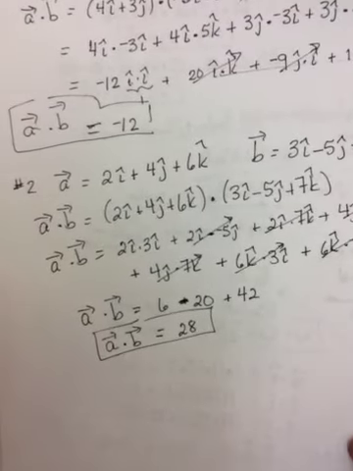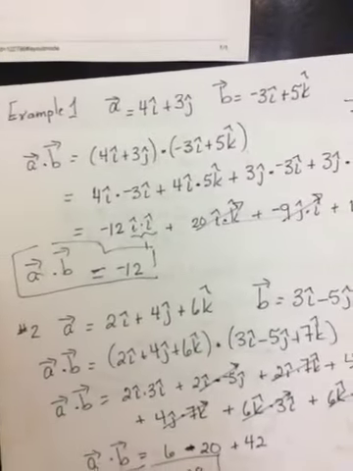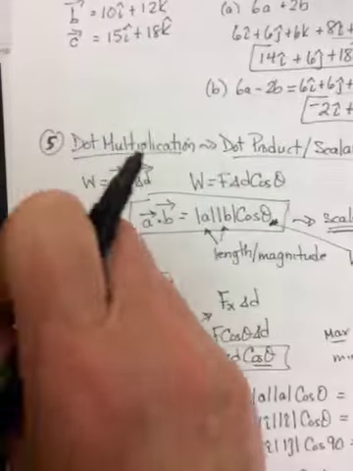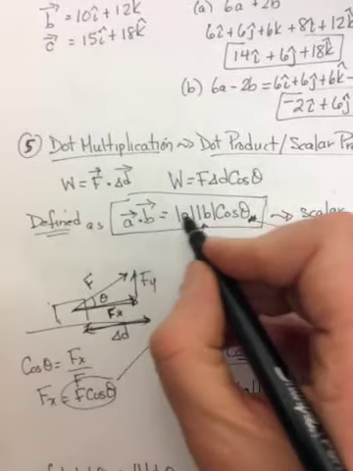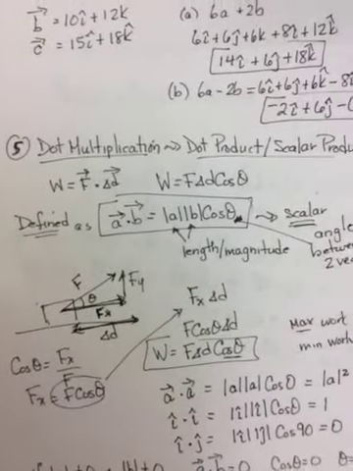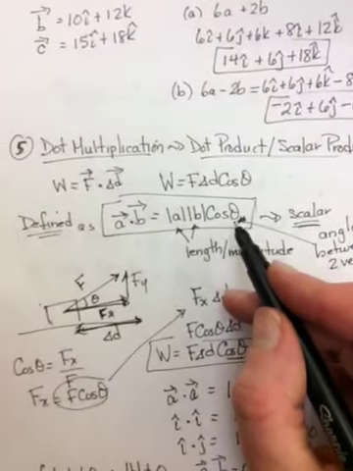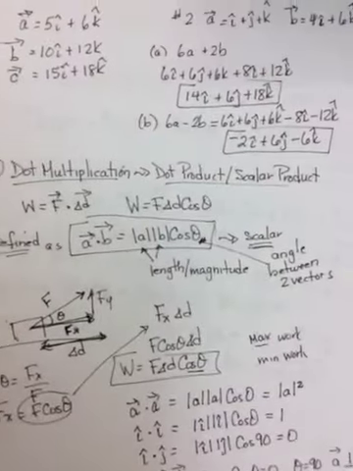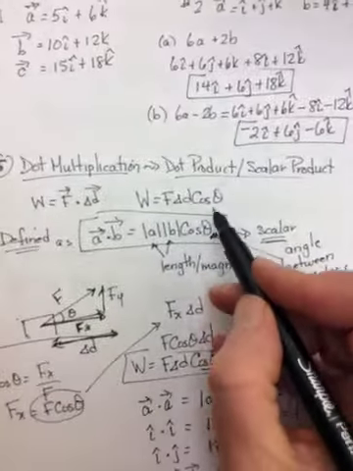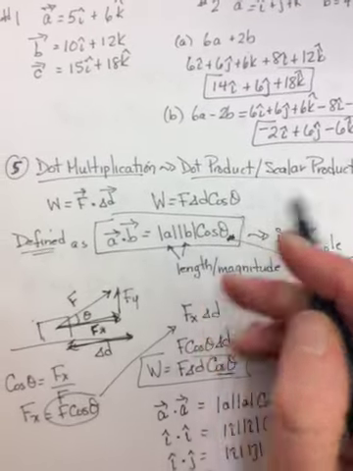The second piece is there's an angle. So remember back on the other side, I had said we define a dot b to be the absolute value of a, absolute value of b, or the length of a, the length of b, times the cosine of the angle between them. In the last class, I had said we're going to want to find that angle, right?